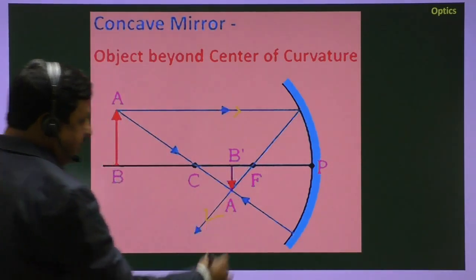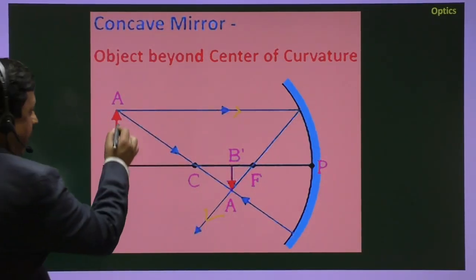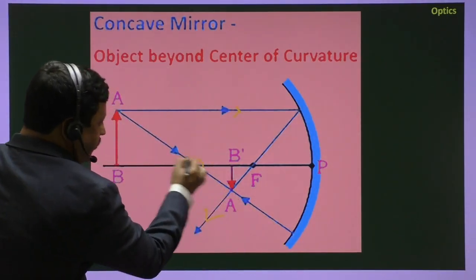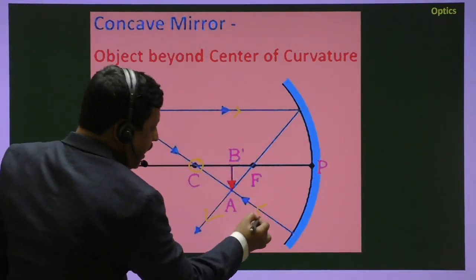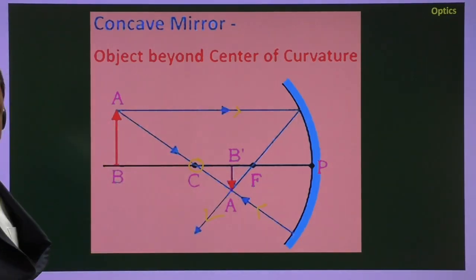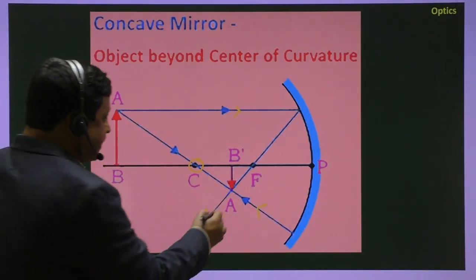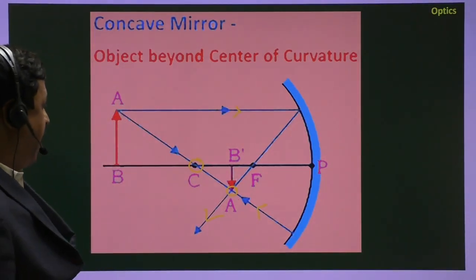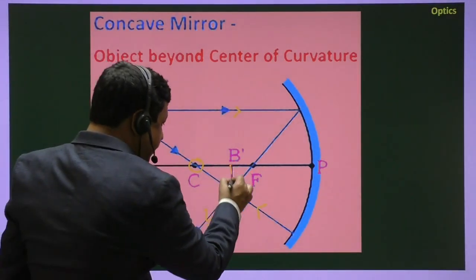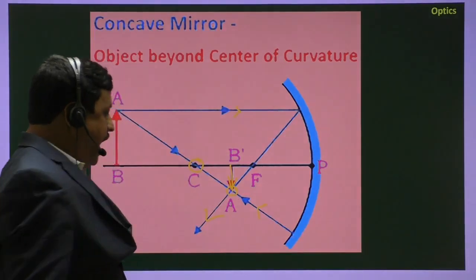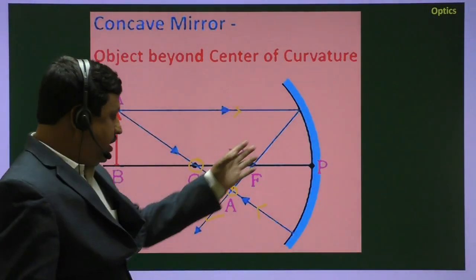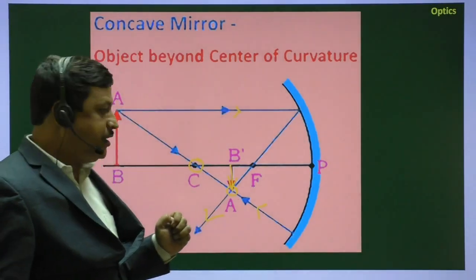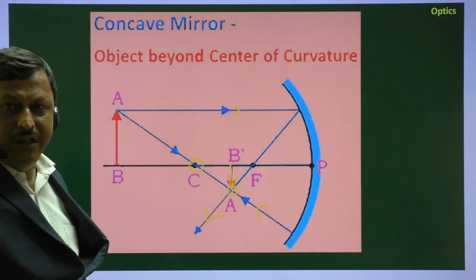This is the reflected ray. And another one, if the ray passes through the center of curvature, it will return back along the same line. So this is the intersecting point, and at this point the image will form, and as the reflected rays actually meet at this point, the image will be real.